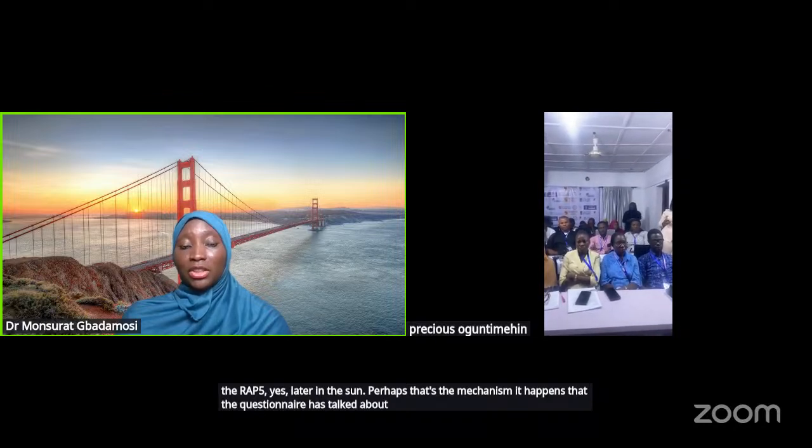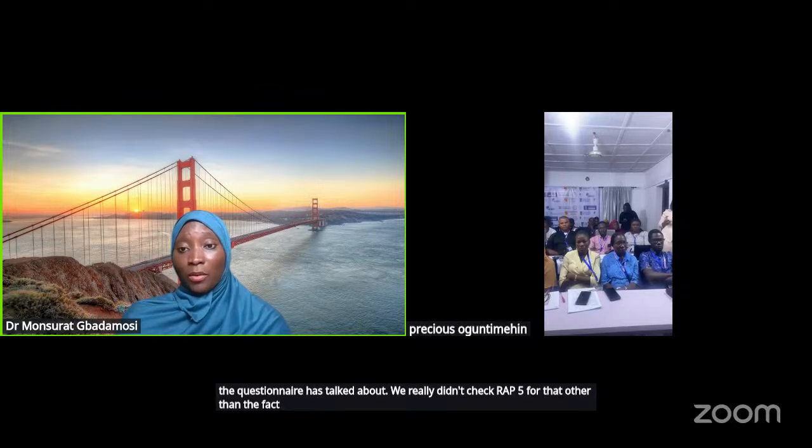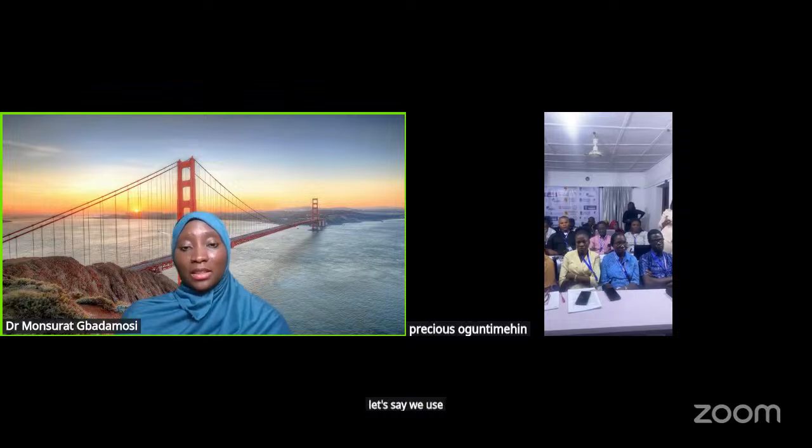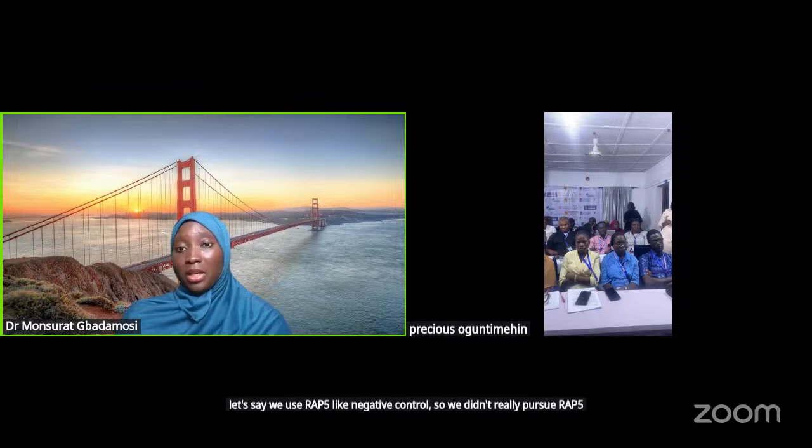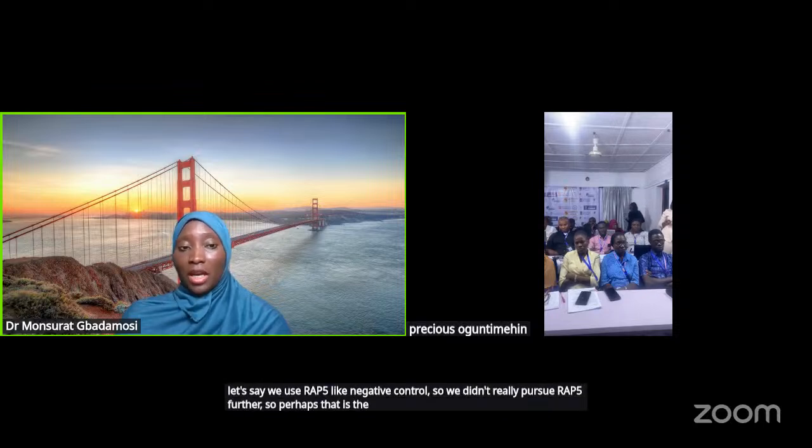We really didn't check RAB5 further, other than the fact that it did not rescue our phenotype. We used RAB5 like a negative control, so we didn't pursue RAB5 further. So perhaps that is the mechanism. I wouldn't be able to say further.